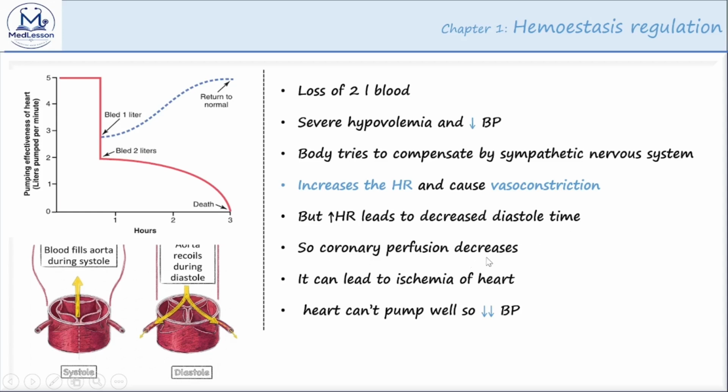So the coronary perfusion decreases and it can lead to ischemia of the heart. When the heart is ischemic, heart cannot pump well, so the blood pressure even decrease more. Obviously it cannot enter the coronary artery, so the heart tissue is not supplied and it leads to myocardial infarction, and at the end death happens, as you can see in this graph.